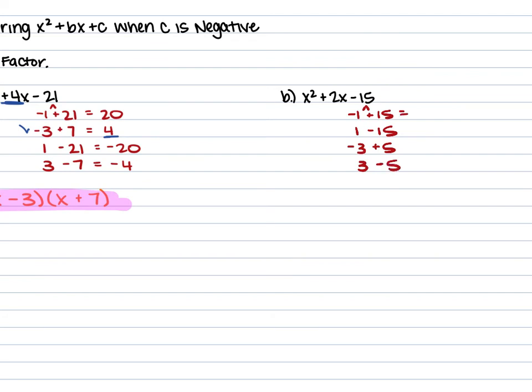The negative 1 plus 15 gives us 14. 1 minus 15 is negative 14. Negative 3 plus 5 gives us a positive 2. 3 minus 5 is negative 2. We're looking to get that positive 2, which we have with the negative 3 and the 5. So this factors out to be x minus 3 times x plus 5.